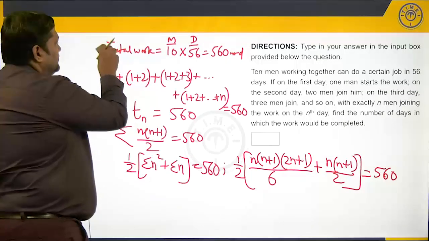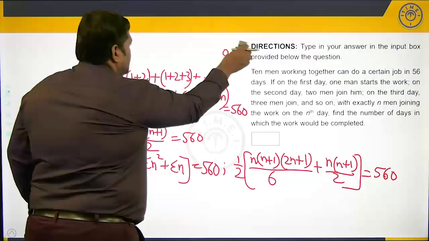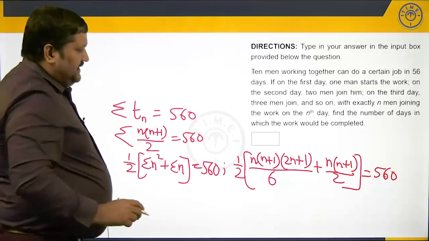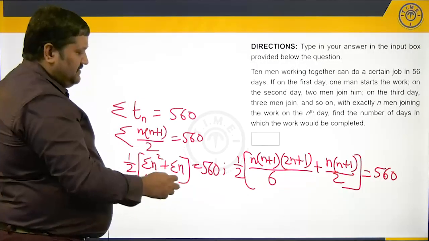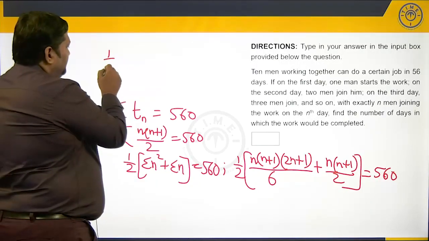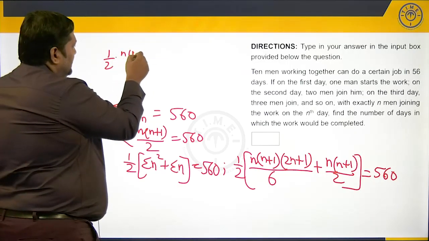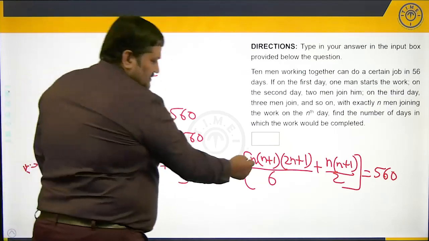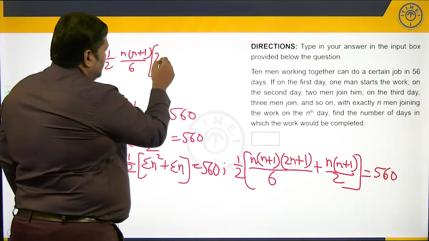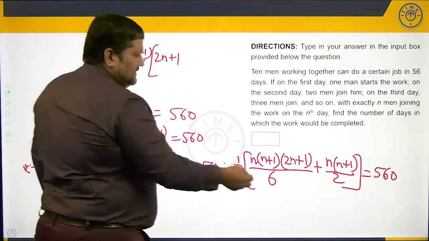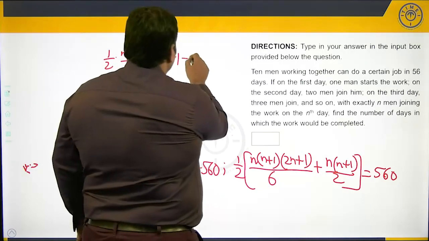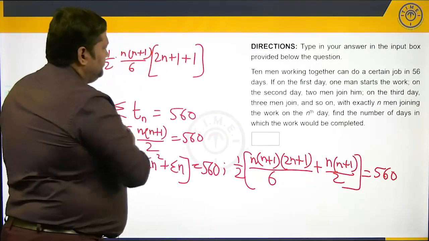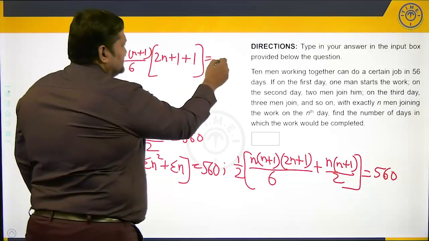Let us erase this part and continue further. If I take n into n plus 1 by 6 common, I have half into n into n plus 1 by 6, and we are left with 2n plus 1, and here we are left with nothing, that is nothing but 1, and that is equal to 560.